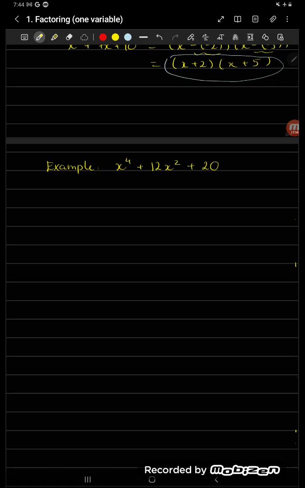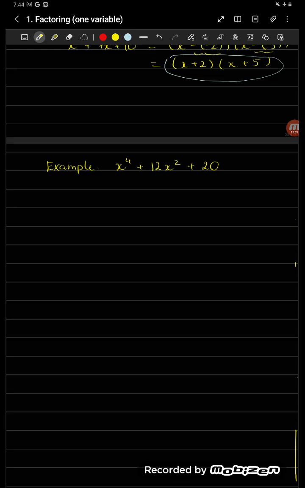So you see the difference between this equation and the equation with ax squared plus bx plus c above. It's just the power. The power here is x to the 4th and x squared, and the power we talked about before is x squared and x, right?